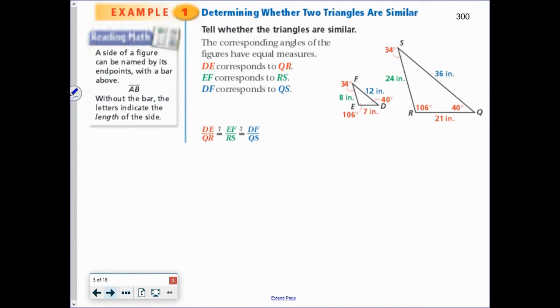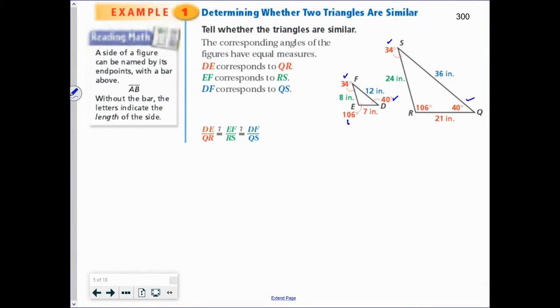It says, tell whether the triangles are similar. It says the corresponding angles of similar figures have equal measures. So take a look as I compare the smallest angle to the smallest angle. I see that they are both 34 degrees. I compare the medium-sized angle 40 degrees with the medium-sized angle over here. They're both 40 degrees.